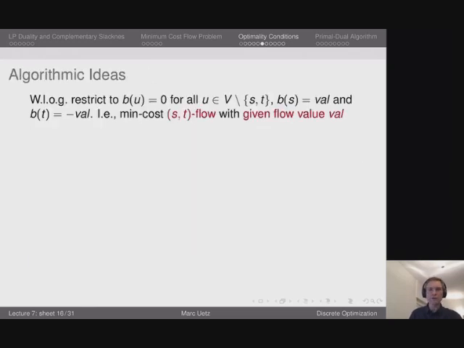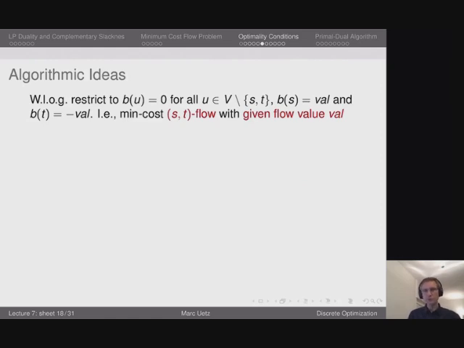Before I do that, let me just make one more assumption. It's without loss of generality that we can restrict to the situation where all the node balances are equal to 0, and we want to send a certain flow value, denoted VAL here, from the source node to a target node. Remember the previous transformation where we introduced a super source S and a super sink T in order to verify if there exists a feasible solution at all.